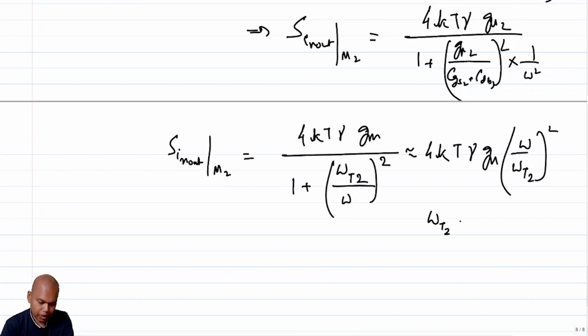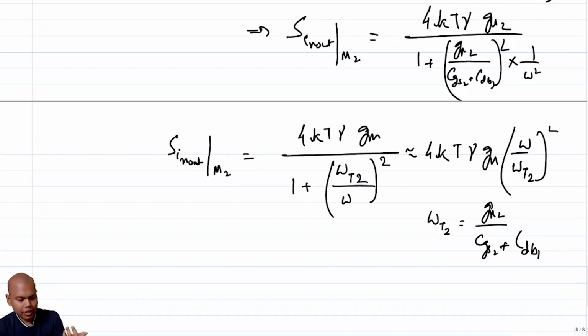But mind you, omega T2 is not only GM by CGS, this is GM2 by CGS2 plus the CDB of the bottom transistor. Okay. So now what is the takeaway? The key takeaway is that, just like before, if you do not want the effect of noise from the cascode transistor to be dominant, then you have to ensure that you bias your cascode transistor at as high an omega T as possible.